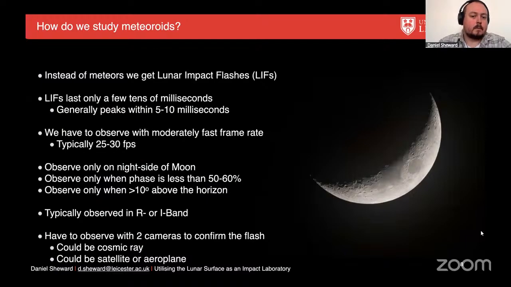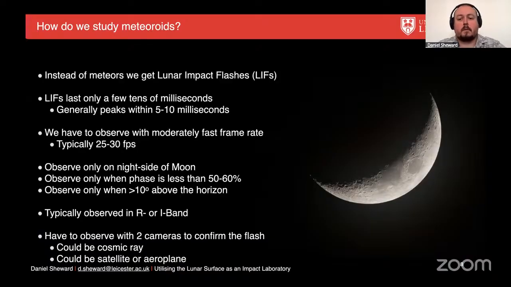And so to observe them, because they're so quick, we have to observe at fastish frame rates, typically about 25 to 30 frames per second. And the observations are very limited because they are quite faint flashes of light, typically between about fifth magnitude and 12th magnitude.